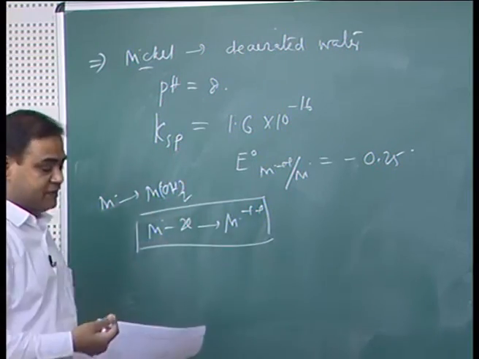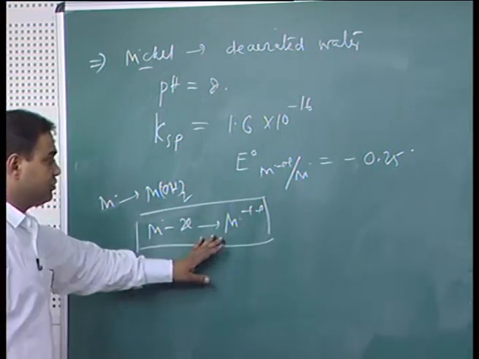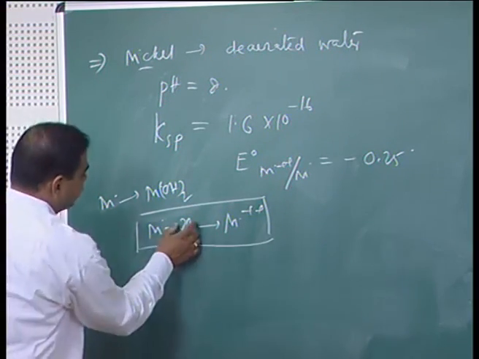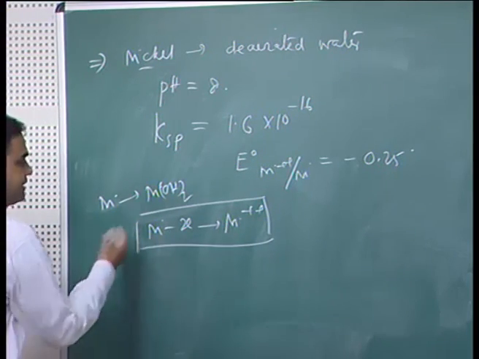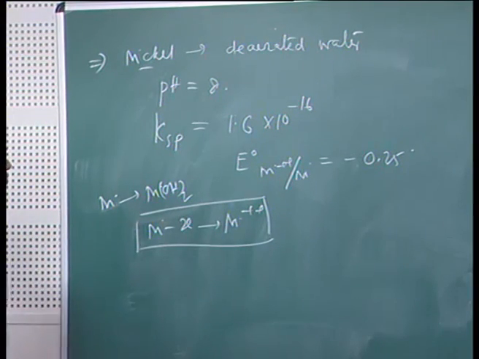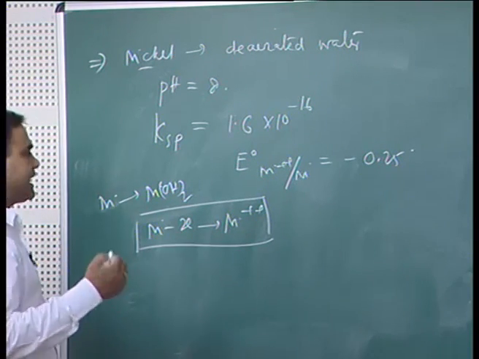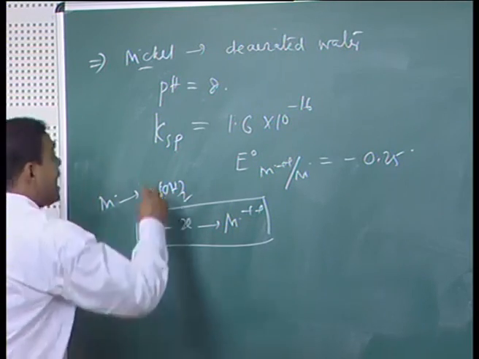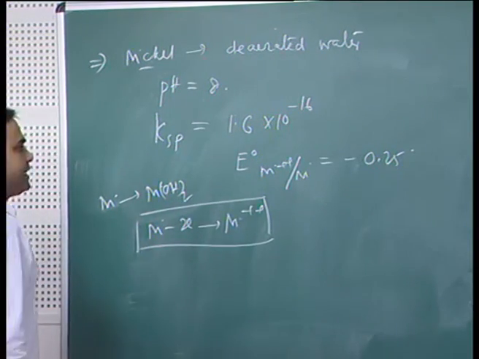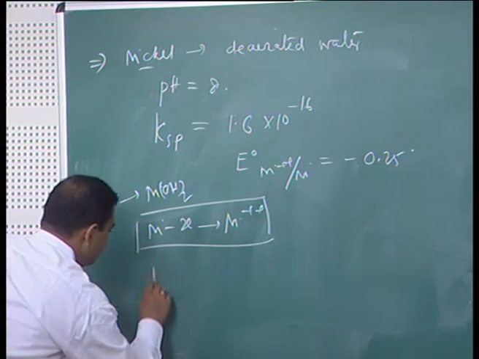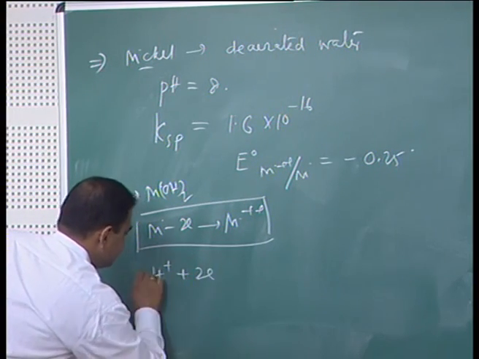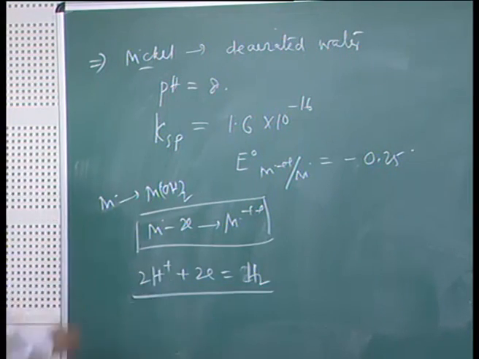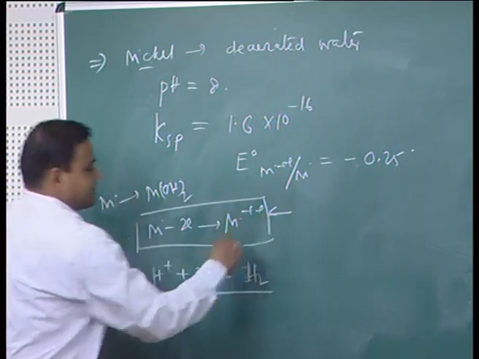If you have to have some corrosion of nickel, so nickel has to come as nickel ion, then it is basically a corrosion. So we have 2 electrons released by nickel to form the nickel ion. These 2 electrons should be consumed by some cathodic reaction or reduction reaction. The reduction reaction here is that hydrogen gas is forming. So the reduction reaction should be 2H plus plus 2e equal to H2. So this reduction reaction is happening, and this oxidation reaction is happening.